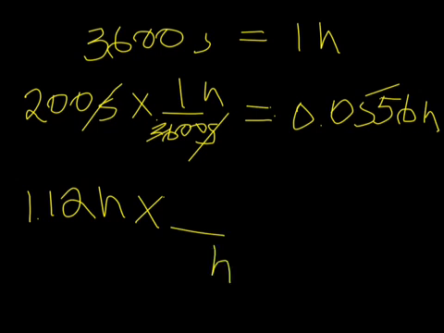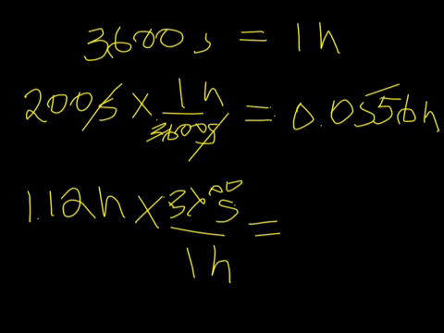If I wanted to take 1.12 hours and get rid of the hours, I put the hours in the denominator, seconds in the numerator, and we have 3,600 seconds for 1 hour. So 1.12 times 3,600 divided by 1 is going to give me 4,032 seconds.